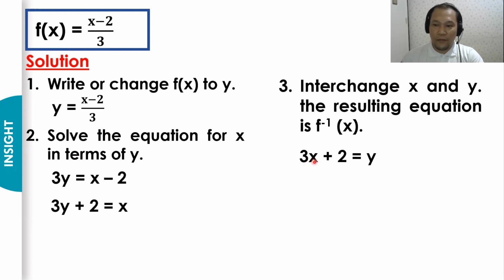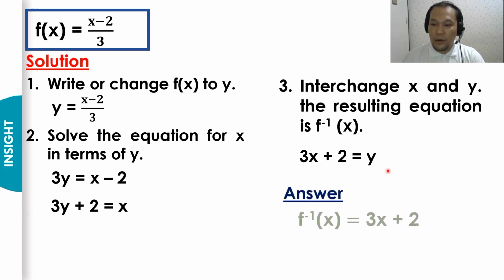From y, we interchange it into x, and this x is now the y. Therefore, the resulting equation is now our inverse. Therefore, the inverse is equal to 3x plus 2.